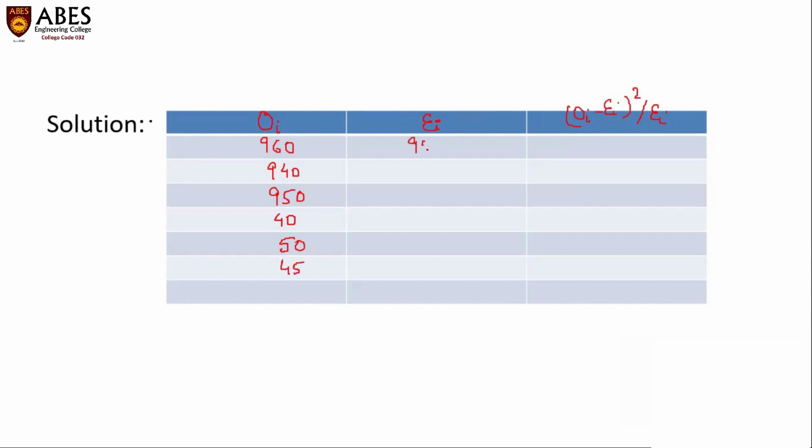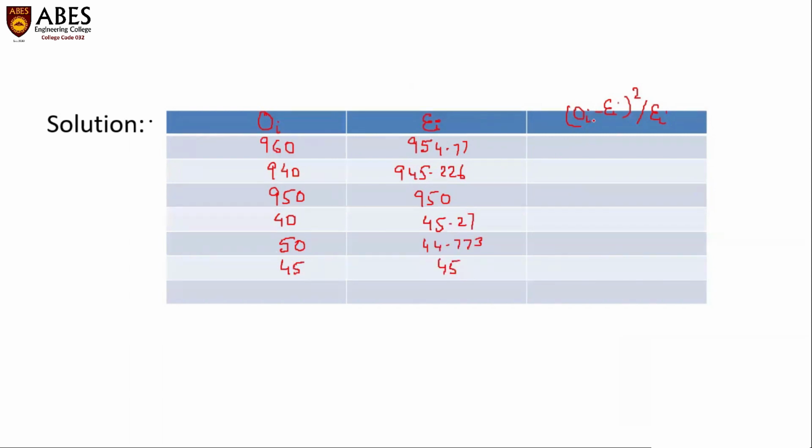The values of EI as per our calculations were 954.77, 945.226, 950, 45.27, 44.773, and 45.